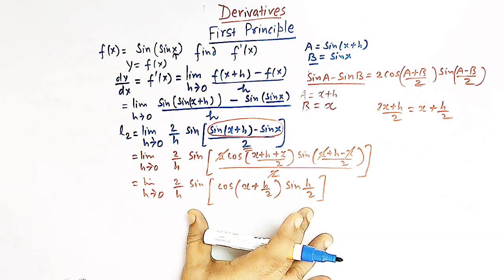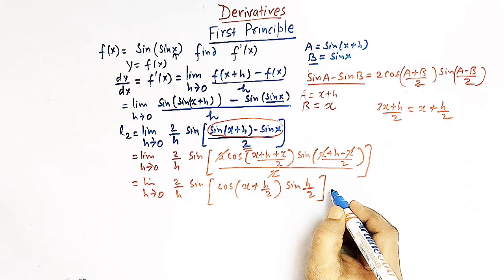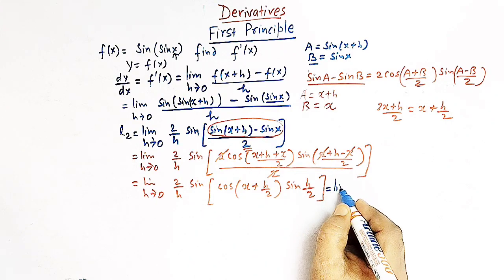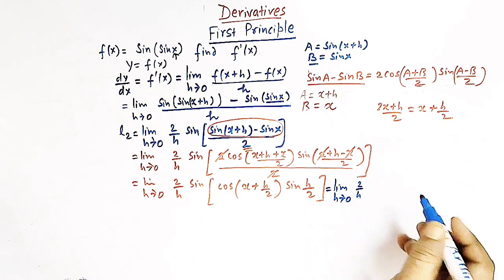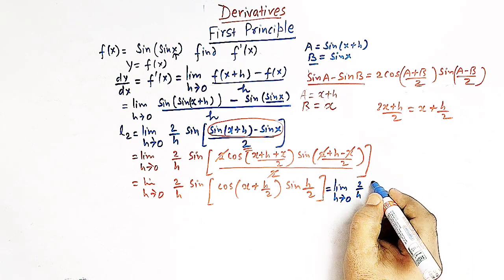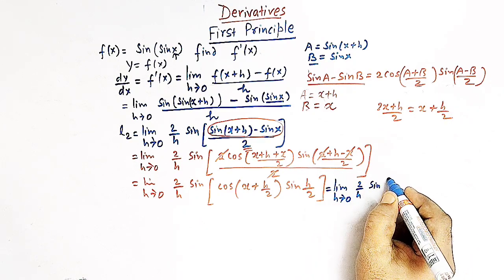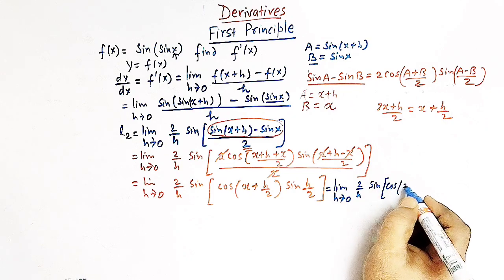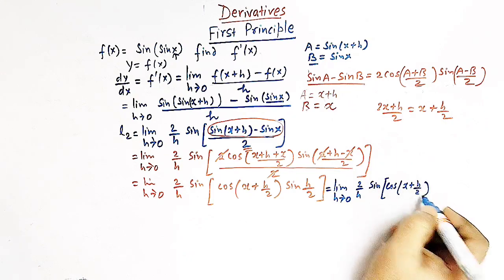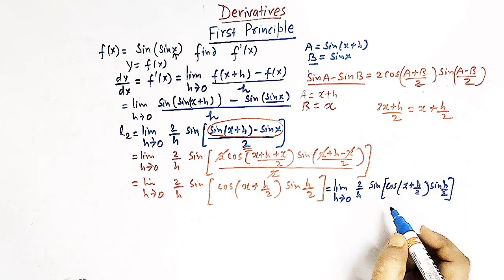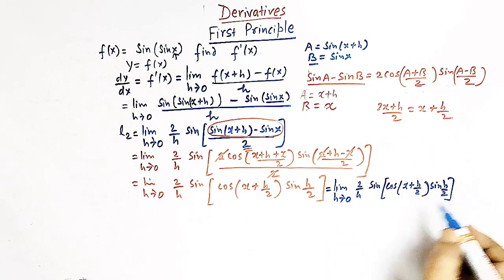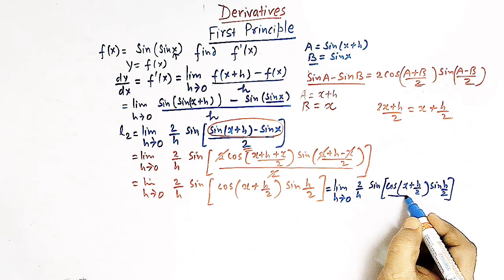So now to simplify this limit, we'll write limit h tends to 0, 2 over h, then sine of cos x plus h over 2 and sine h over 2. So we'll multiply the numerator and denominator by this term.